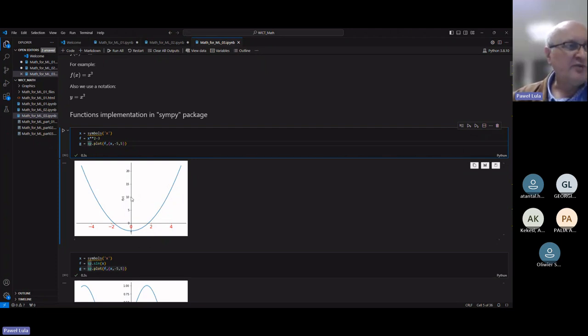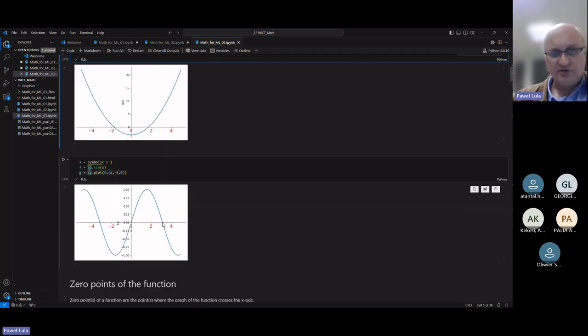For example, for the value 10 here, we have an x value of about 3 point something and minus 3 point something. So we have two x values, and for them, the output y value is the same. So it is a very, very simple example.